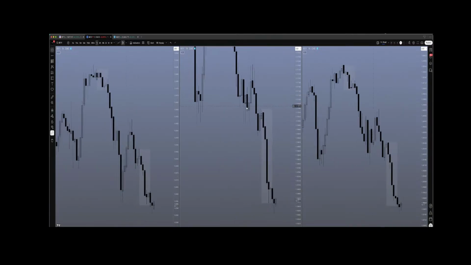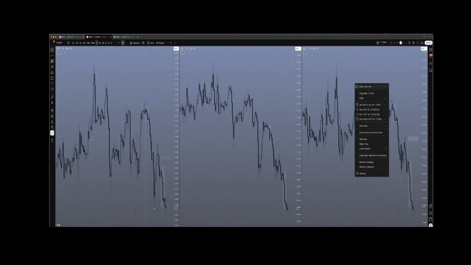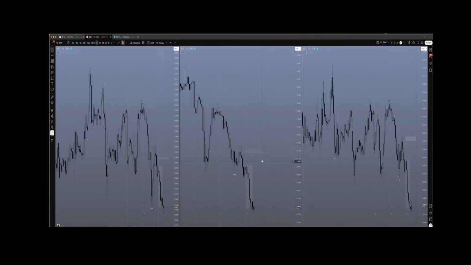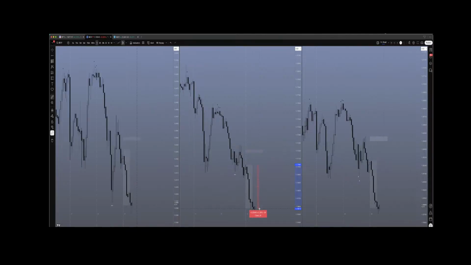Okay, so I'll go back out to the hour. Just get rid of Tuesday's Asia range. Big, taken previous day's low, and so now we need some liquidity pools.